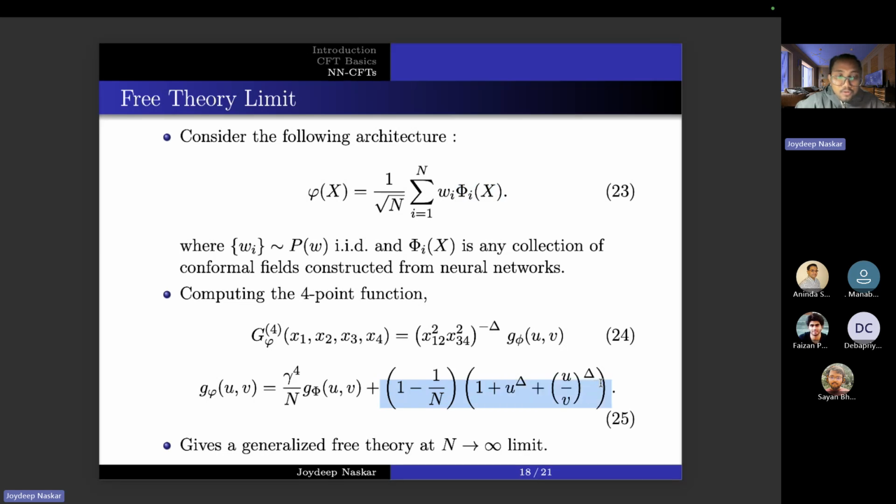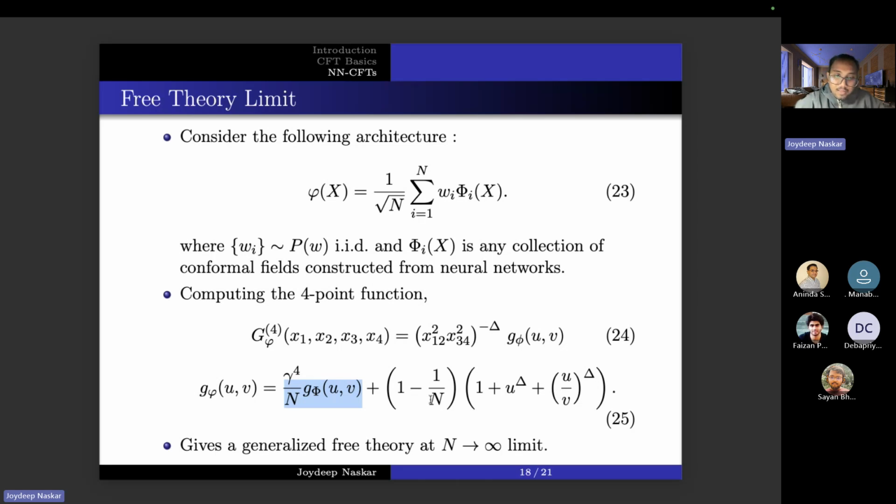Now if you take the N tending to infinity limit, this portion, where it was an interacting theory, goes to 0. It gets suppressed, and what you are left with is something like 1 plus u to the power delta plus (u over v) to the power delta. This form is very familiar to you all.